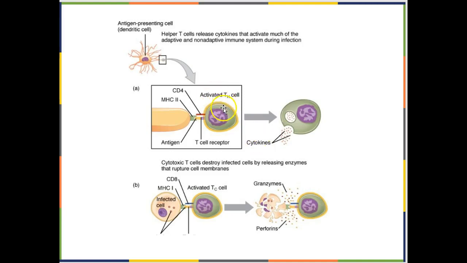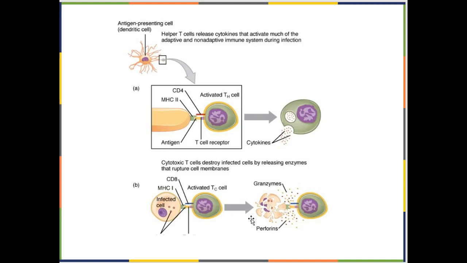So you fully activate a helper T cell, it goes around releasing cytokines on other cells. You fully activate a cytotoxic T cell, it then causes apoptosis in the cells whose antigens it recognizes. Just remember that the cell doesn't really blow up like that. It folds in on itself and forms like a bunch of little smaller bubbles.